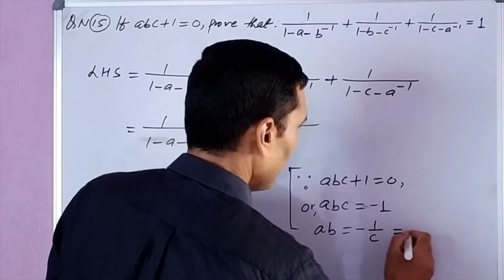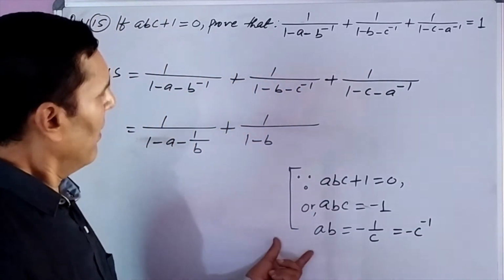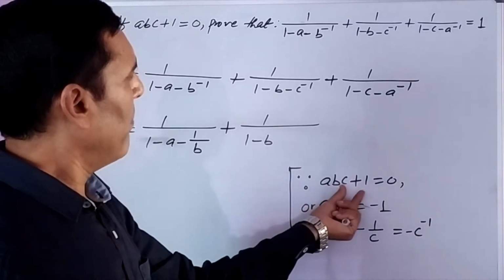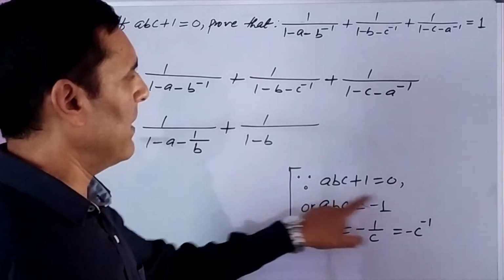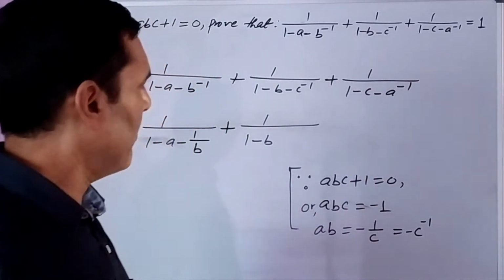This is minus c to the power minus 1. So here, from the given condition abc plus 1 is equal to 0, abc is equal to minus 1. If the plus 1 is brought to the right hand side, it is minus 1.